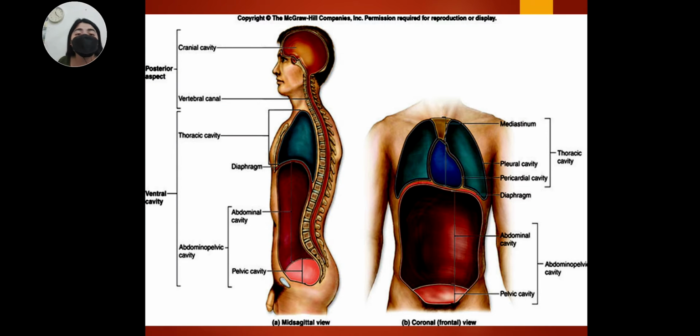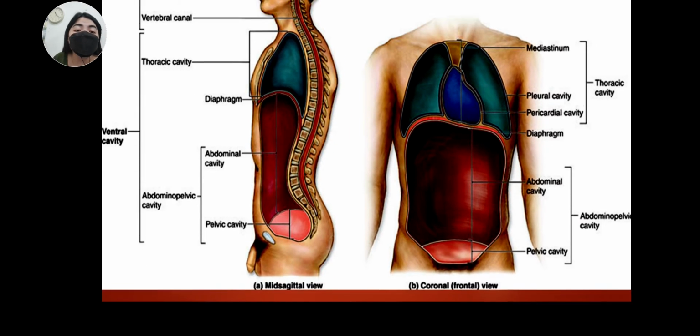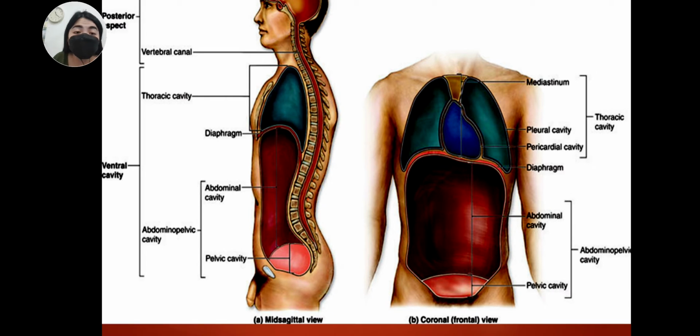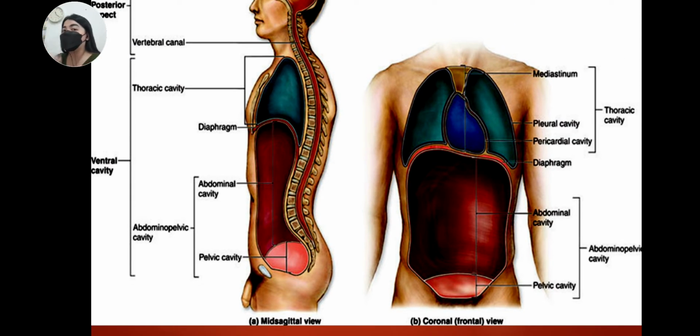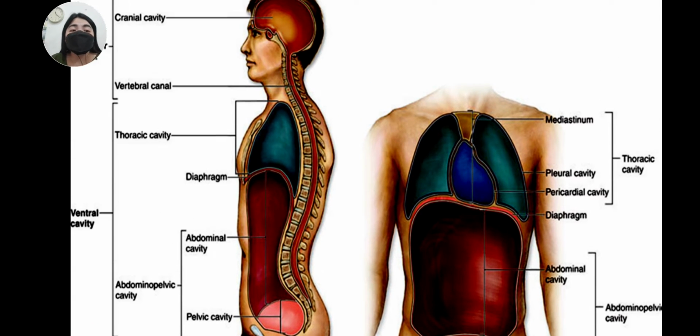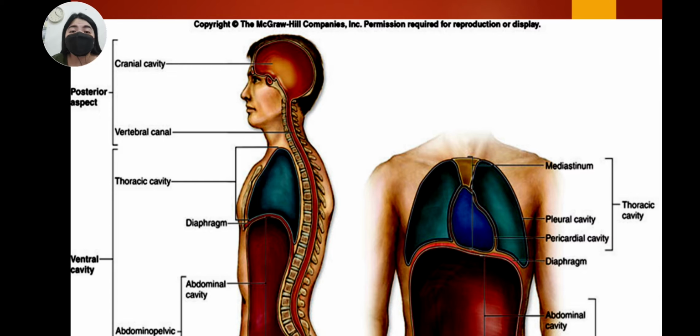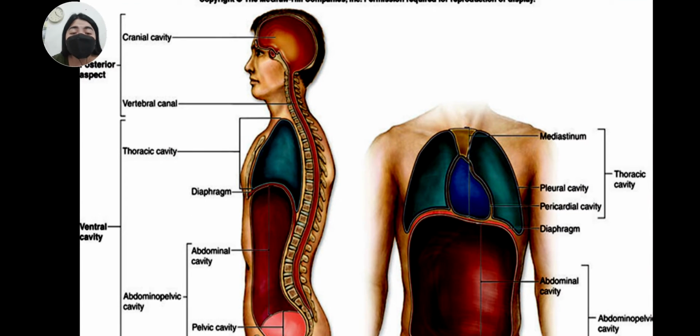Let's proceed. This is the illustration of how you can locate the cranial cavity, vertebral canal, thoracic cavity, and pelvic cavity. This first view is the mid-sagittal view, sorry for the pronunciation. Mid-sagittal view means the illustration is of the middle part, from the side. On the side, you can see the cranial cavity, vertebral canal, thoracic cavity, diaphragm, and so on.